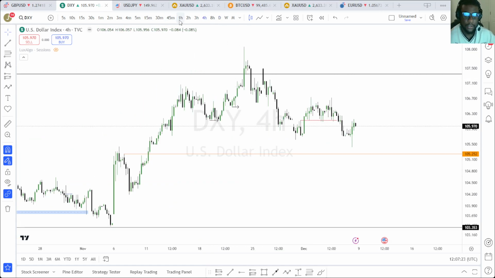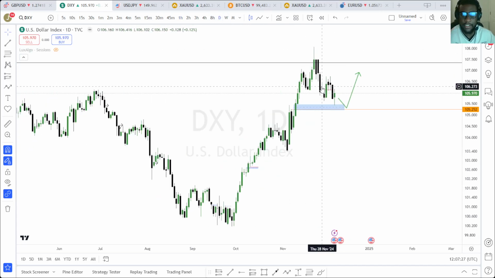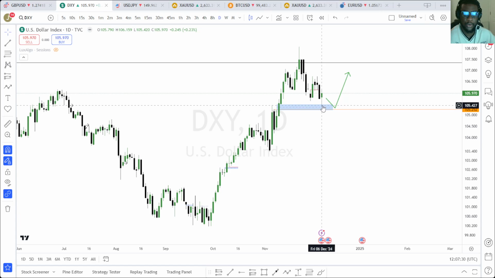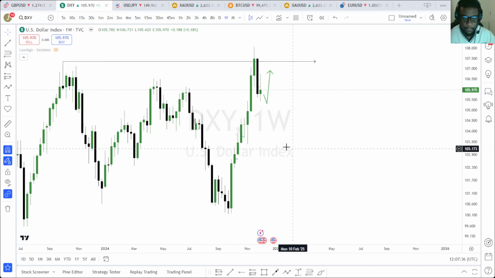Okay, now the other thing I would say for this week in terms of the target for the dollar, I want to see if we can actually hold the low that we made the week just gone. Even though the weekly picture doesn't look the strongest in terms of the bullishness, there's still a good potential that price may want to head up higher.